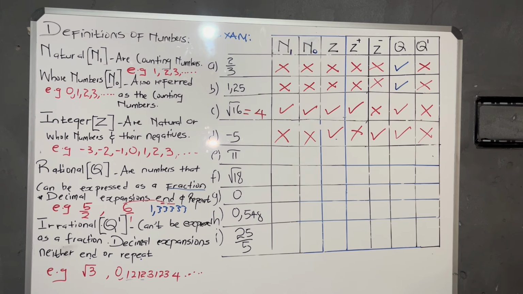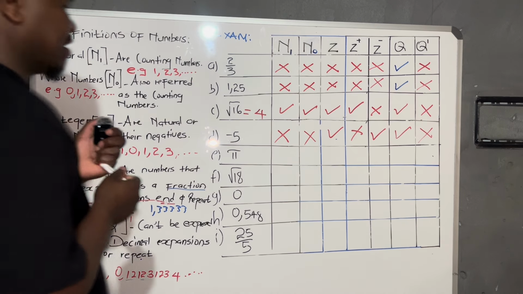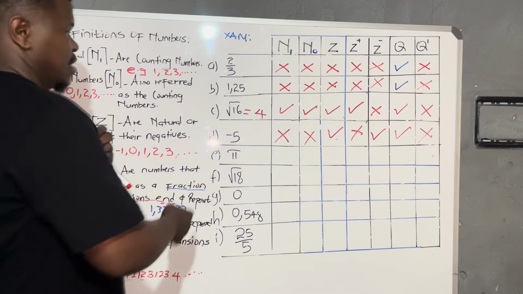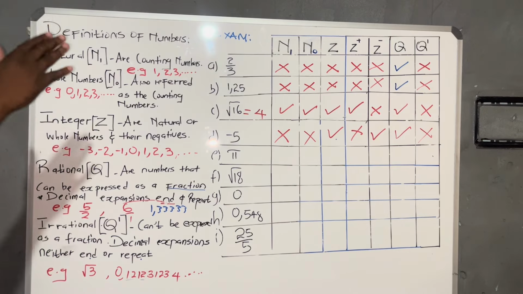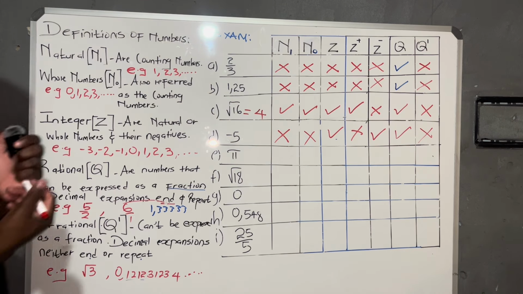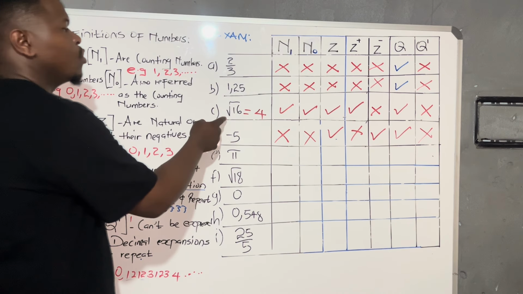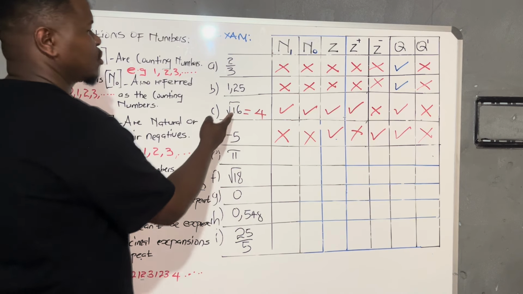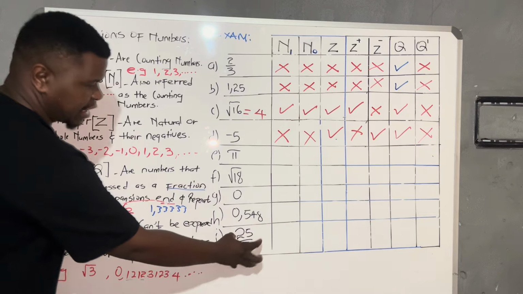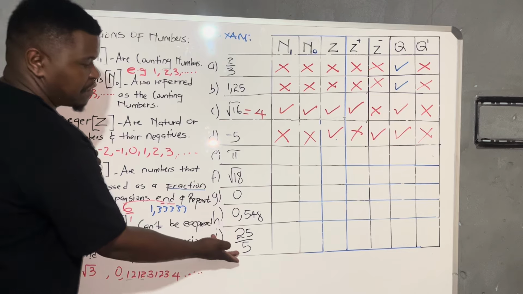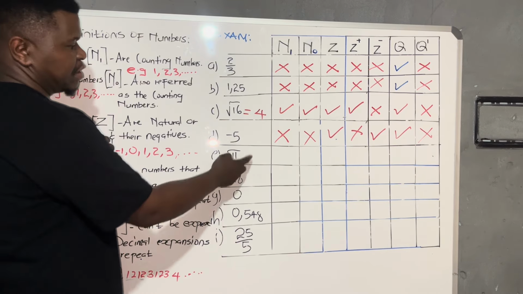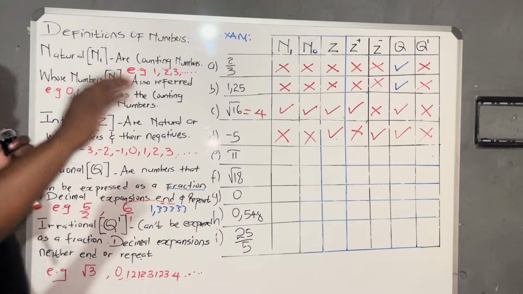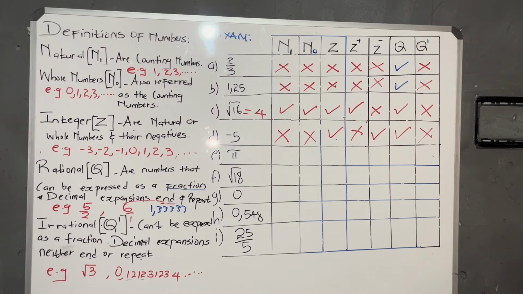Now, let's come to E, the pi. I think this one, they're forever using it everywhere. If you punch your calculator, you will get 3.142, blah, blah, blah. Those numbers. Just like they gave you 4 in a form of square root of 16, here they give you 5 in a form of 25 over 5. So here there's a number representing this pi, which is 3.142 and more numbers after that.